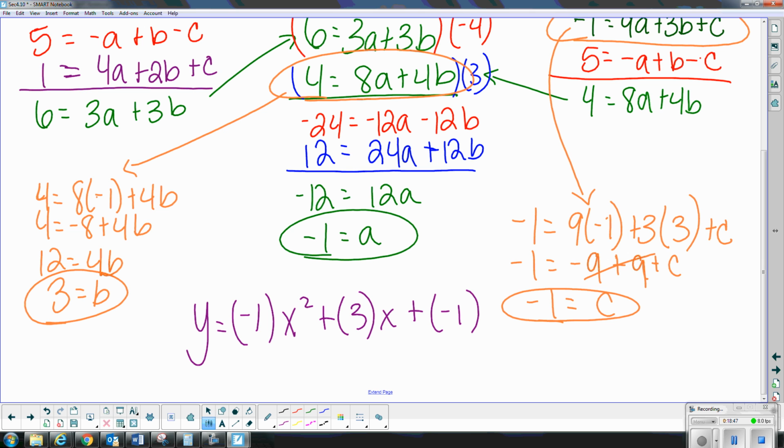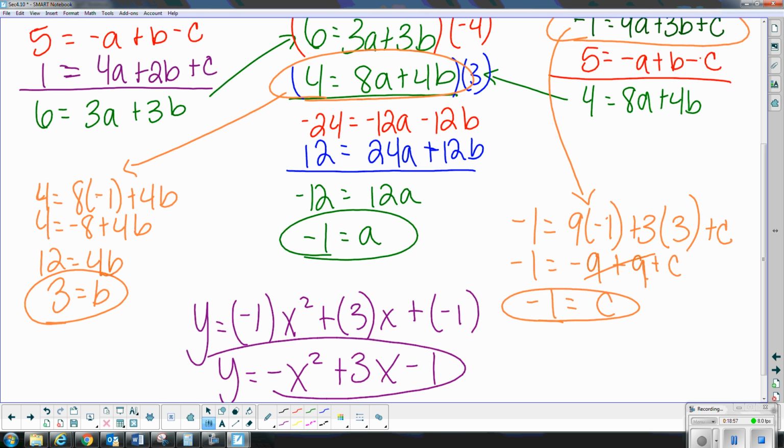You do not need to write -1 if you're multiplying because it's the identity. So y equals -x squared plus 3x minus 1. That is my quadratic function in standard form.